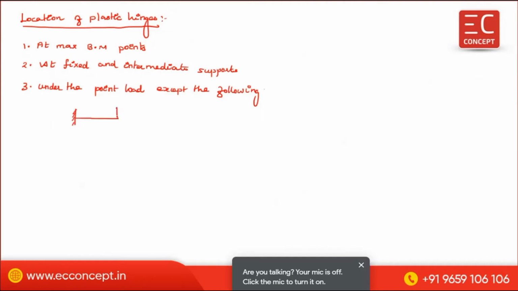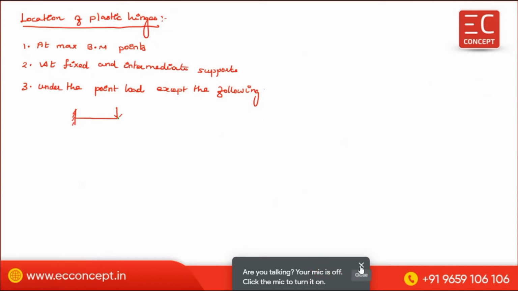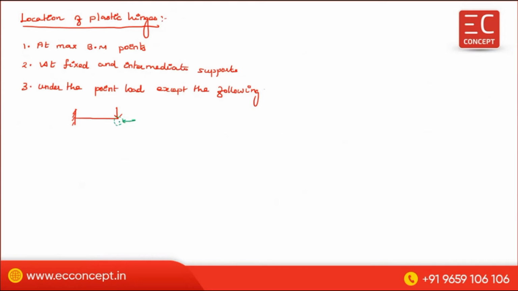Here there is a point load. Now at this point there is no plastic hinge, because the bending moment at this point is zero. If the bending moment is zero, then obviously the plastic moment capacity is also zero.